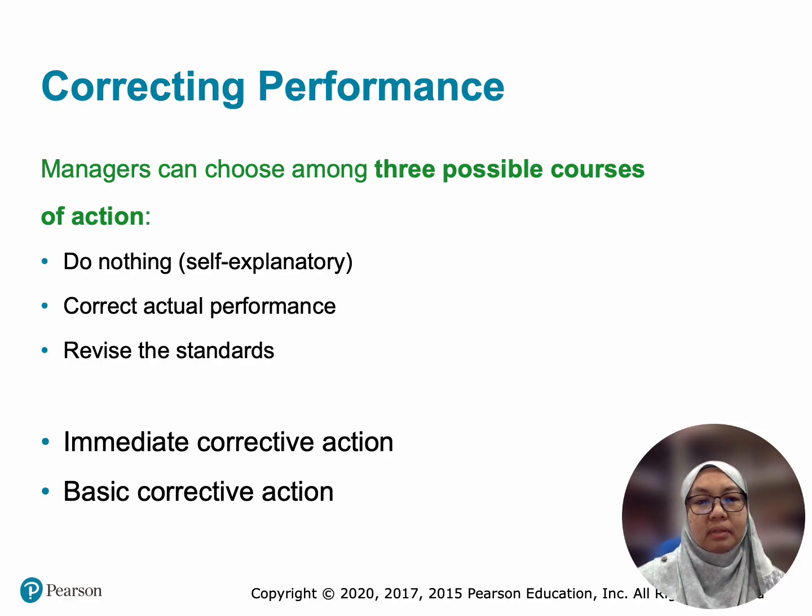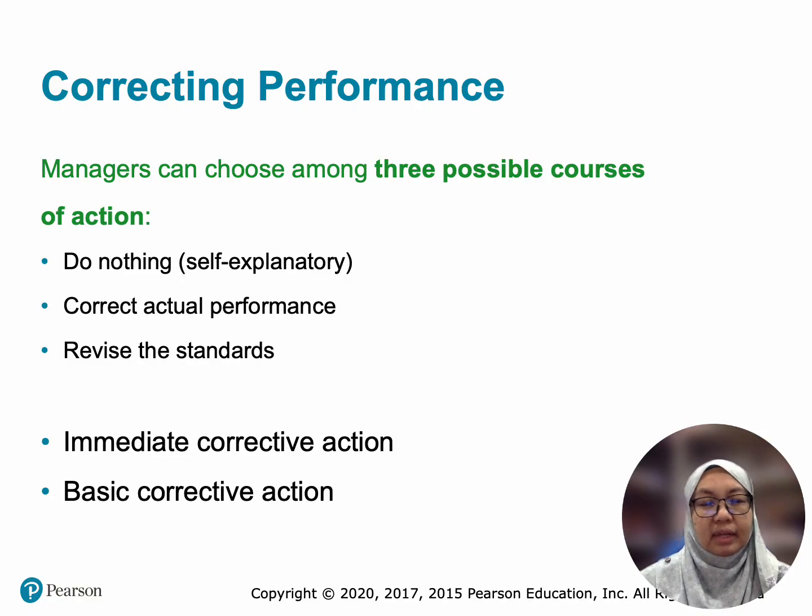So what happens if the performance does not achieve the standard being set? The managers can choose among three possible courses of action. The first one is do nothing, which is self-explanatory. The second one is correct the actual performance, and the third one is that probably the standard is too high, so they need to revise the standard.